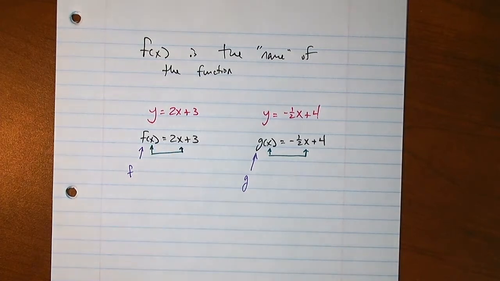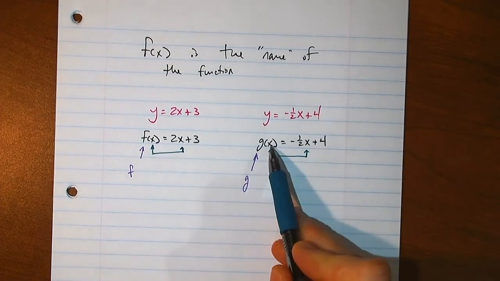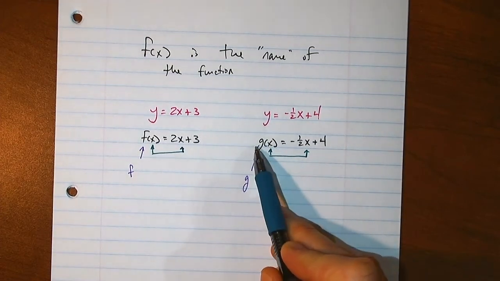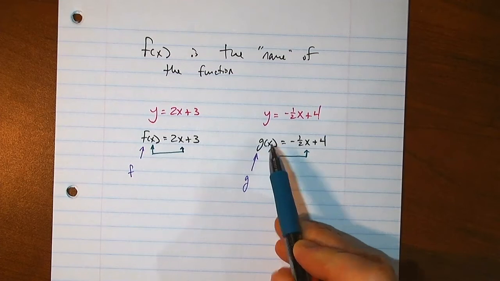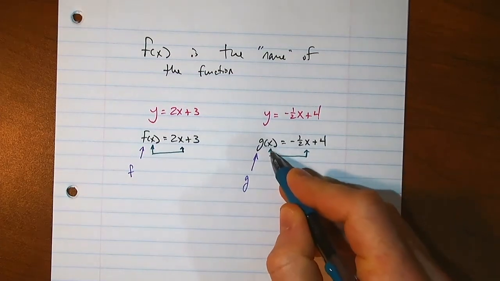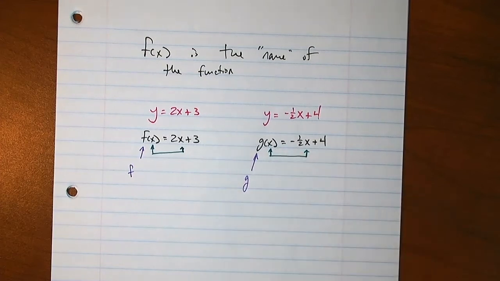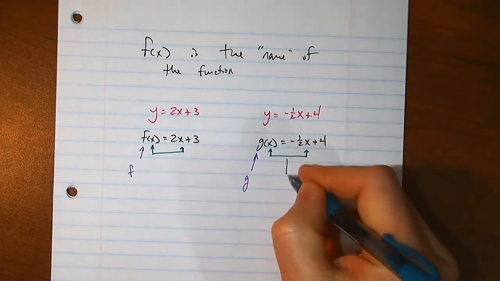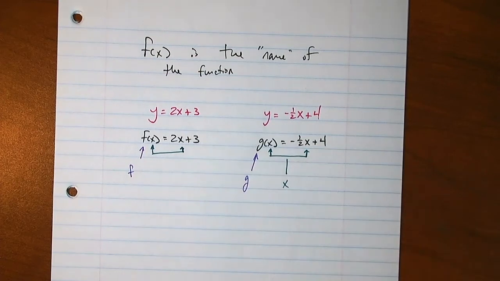Now, if I had some other function where the input variable was a t, then right here would have to be a t, and I would name it g of t. But whatever my input variable is, that's what has to be the last name. That's what goes in the parentheses, okay? So those two things have to match.